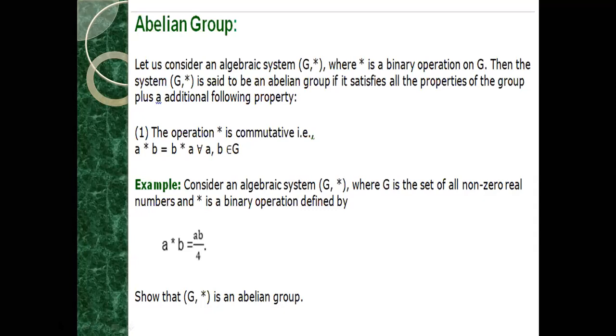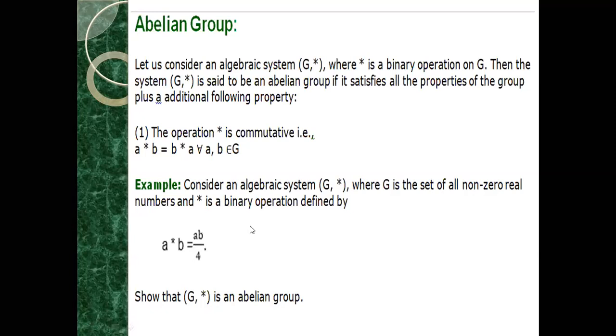Here, the given algebraic system is (G, *), where G is the set of all non-zero real numbers, and * is a binary operation defined by a * b = ab/4.